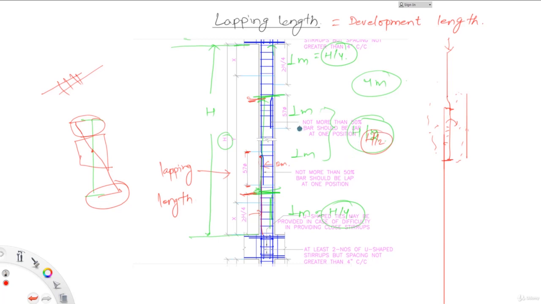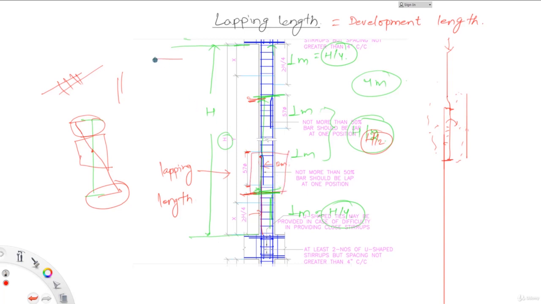Also, the code says that not more than 50% of the bars should be lapped at one position. This is true not only for columns but also for beams, slabs, shear walls and other structural members. If you lap all the bars at one region, let's say at this portion, then this section becomes structurally weak.